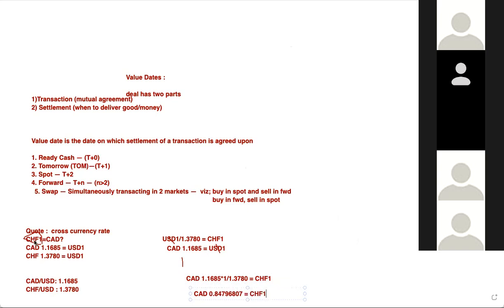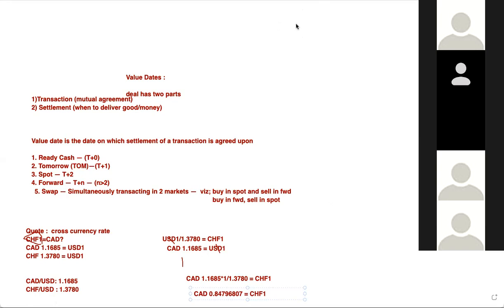Nobody else responds. CHF 1 in CAD came. Here we can do it directly. I want CHF, sorry, Swiss. Ma'am, what is CHF? Swiss franc, correct. Canadian dollars and Swiss franc.